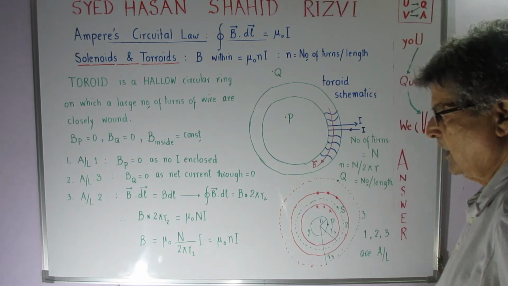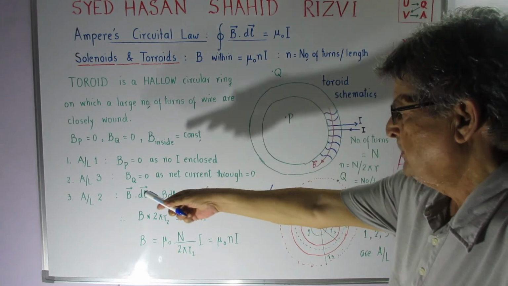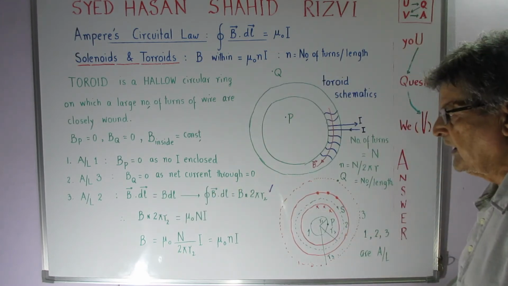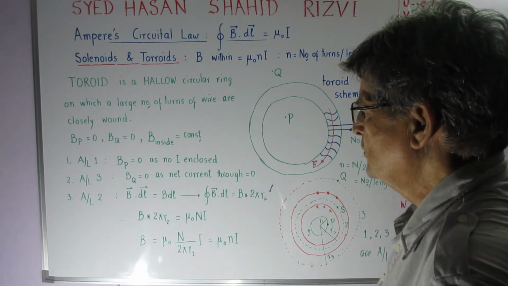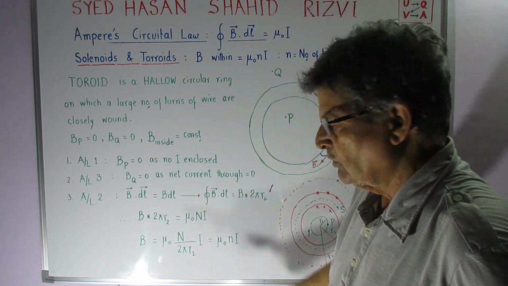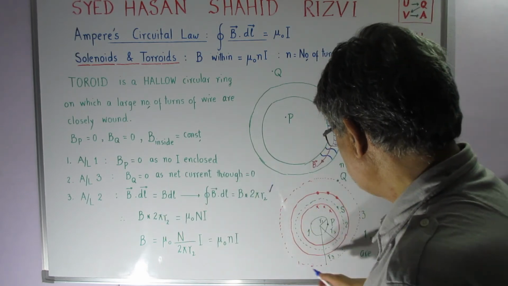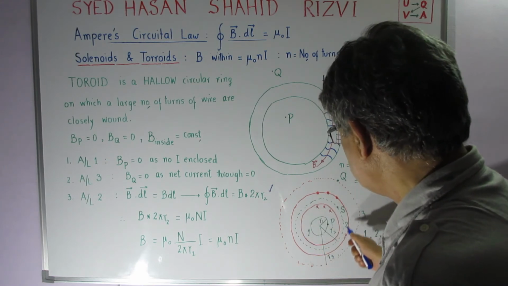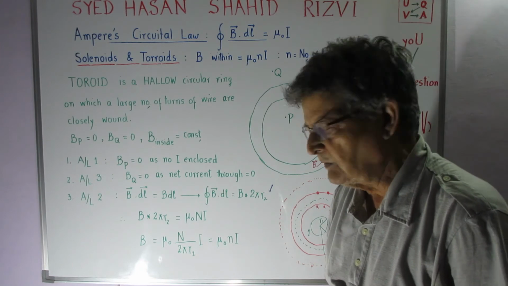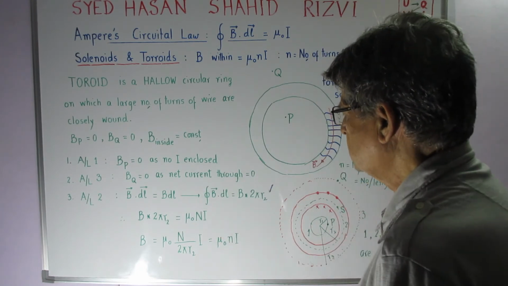Of course, what is of interest now is Amperian loop 2, where the radius of the loop is taken as R2. So B·dl will be equal to B dl. That is, along the Amperian path, dl and B are in the same direction, and therefore B·dl will be equal to B dl cos θ, where cos θ is equal to 1.